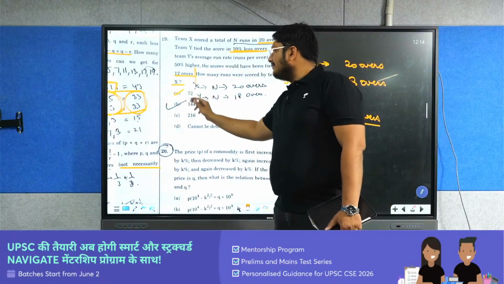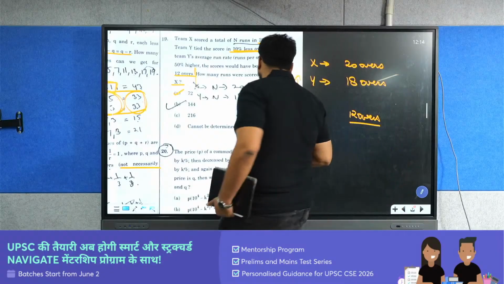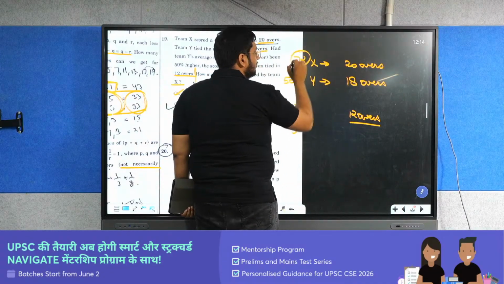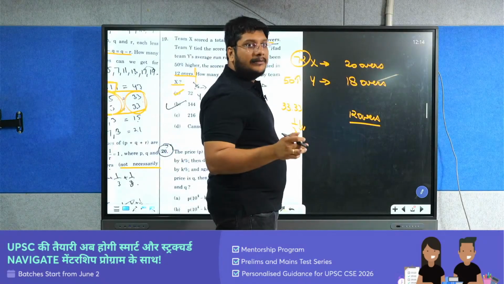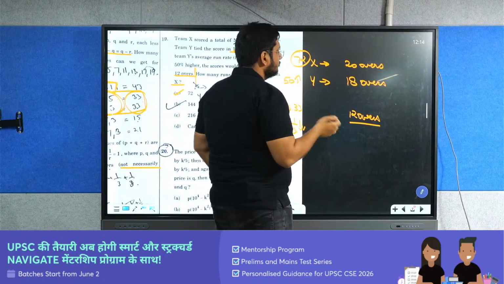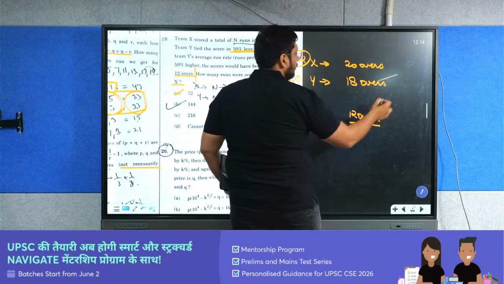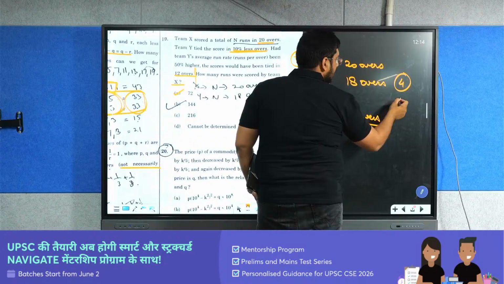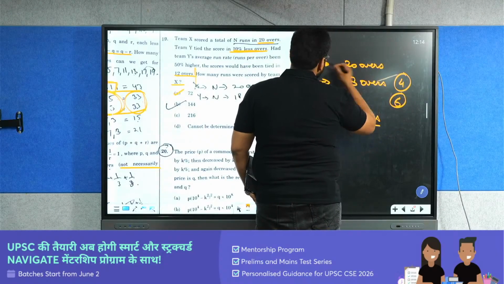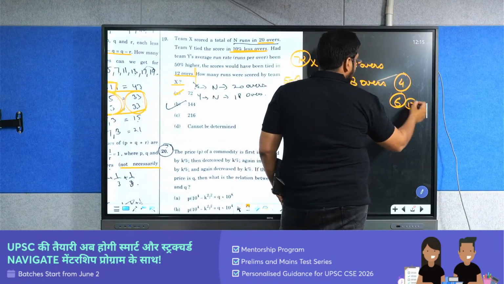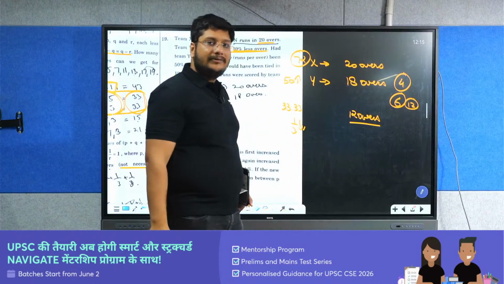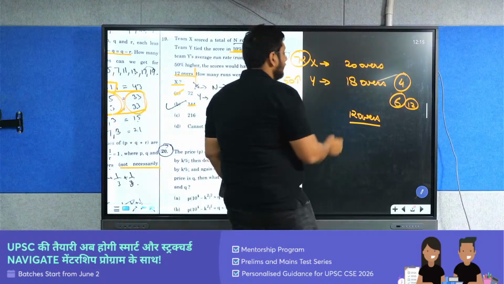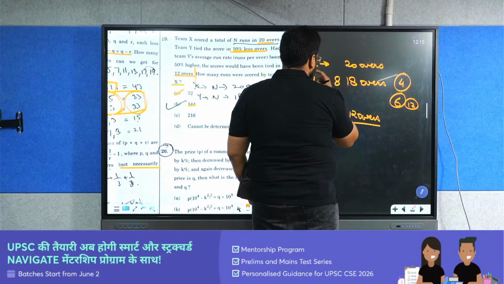Let me check, consider it to be 72. 72 runs in 18 overs, that means 4 runs per over. Now, if I increase it by 50%, I'll score 6 runs per over. 6 into 12, that means in 12 overs I am able to do it. 6 times 12 is 72. Now, consider it would be 144. It is 8 runs per over at the moment.